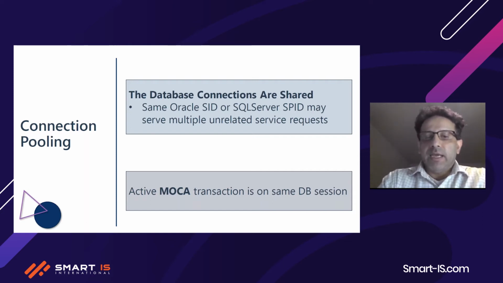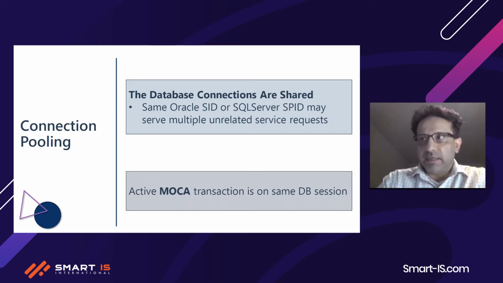So, another thing that we need to then understand is that the transaction is on the same DB session. So if one transaction is running, right, if you started something, did 10 updates and commit, as of the current versions of Moca, at least we know that that one transaction would be on one SPID or one SID.